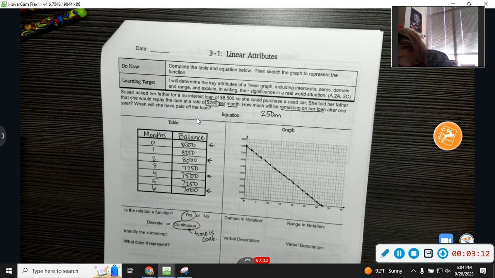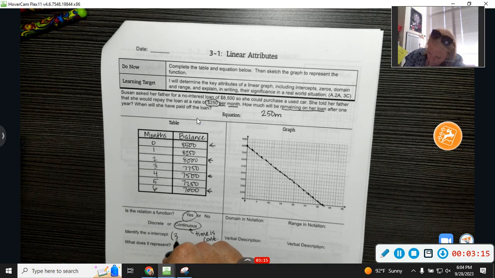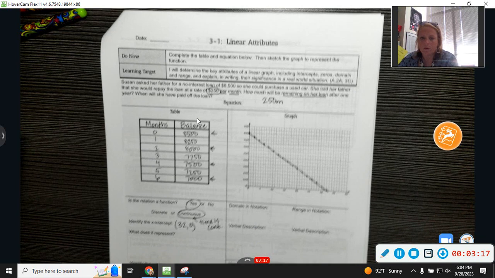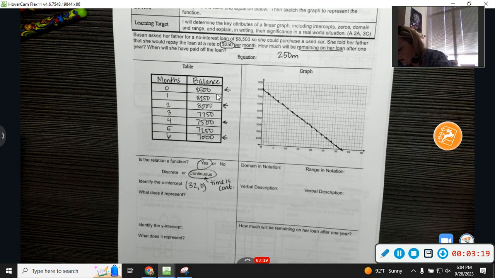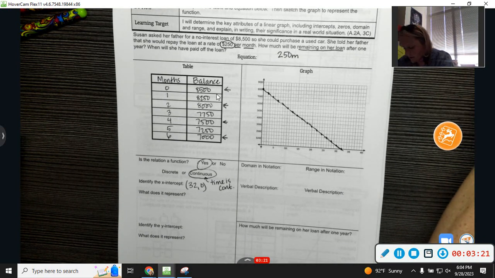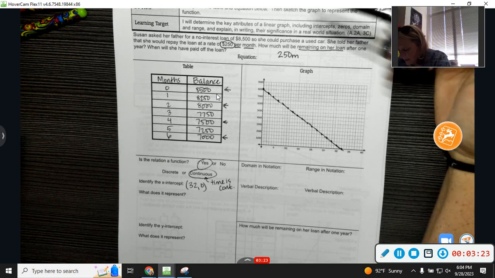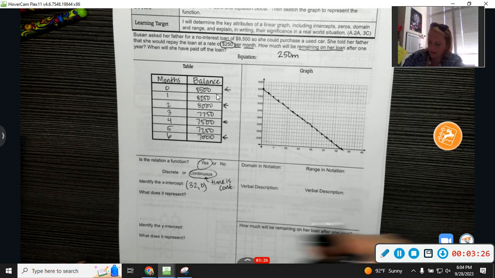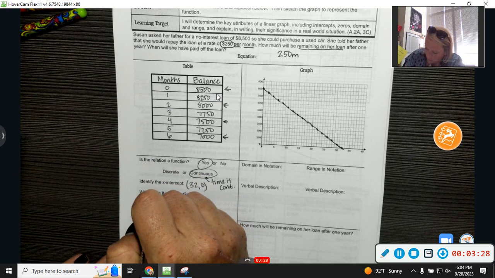The x-intercept that we got is 32, 0, and let's talk about what that represents. In this case, it is when the loan will be paid off.